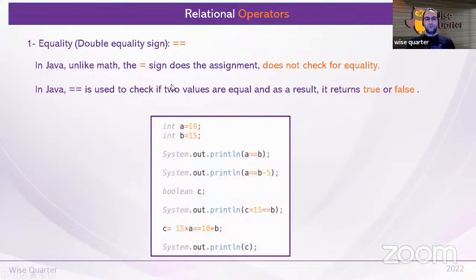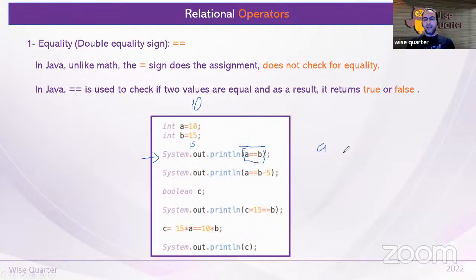And of course, we have an example. We have an integer A, and the value of it is not 15, A is 10, and B is 15. I want to print the result of this one. A is 10.